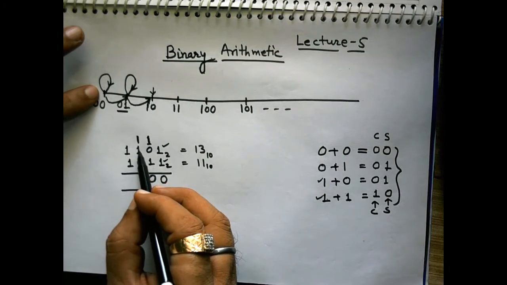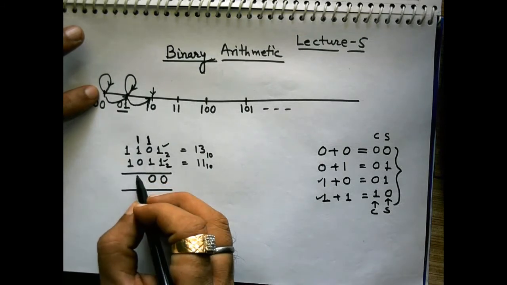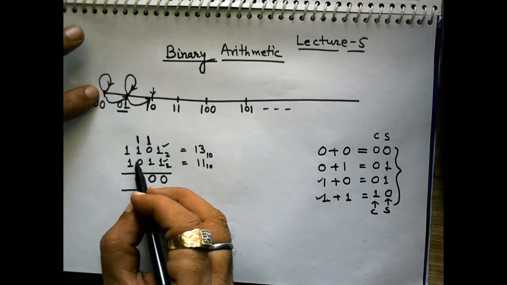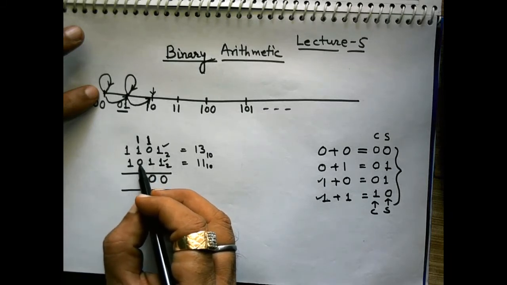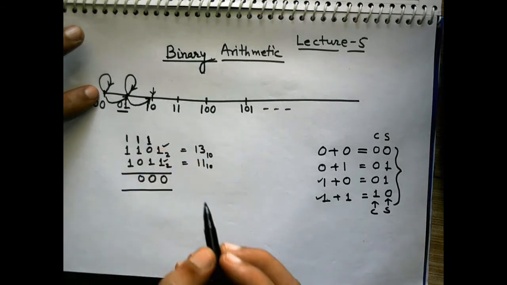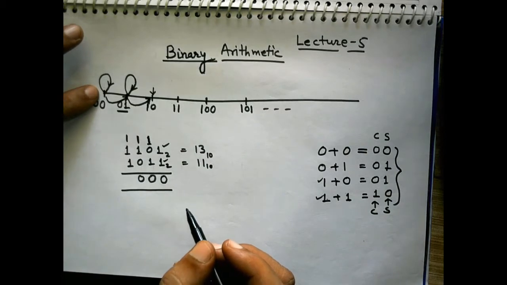Then 1 added with 1, the sum is 0 and carry is generated. The whole thing 1 0 is added with 0, the sum is 0 and carry is available for the next digit.